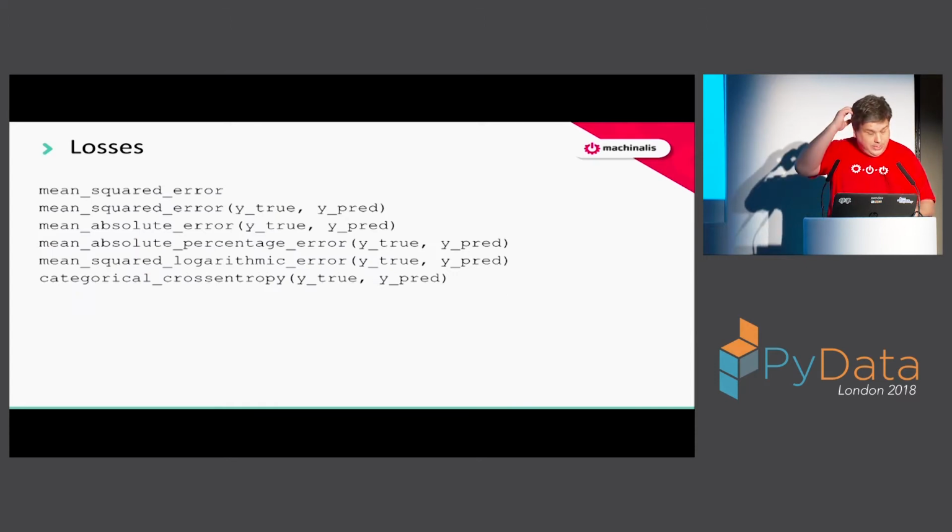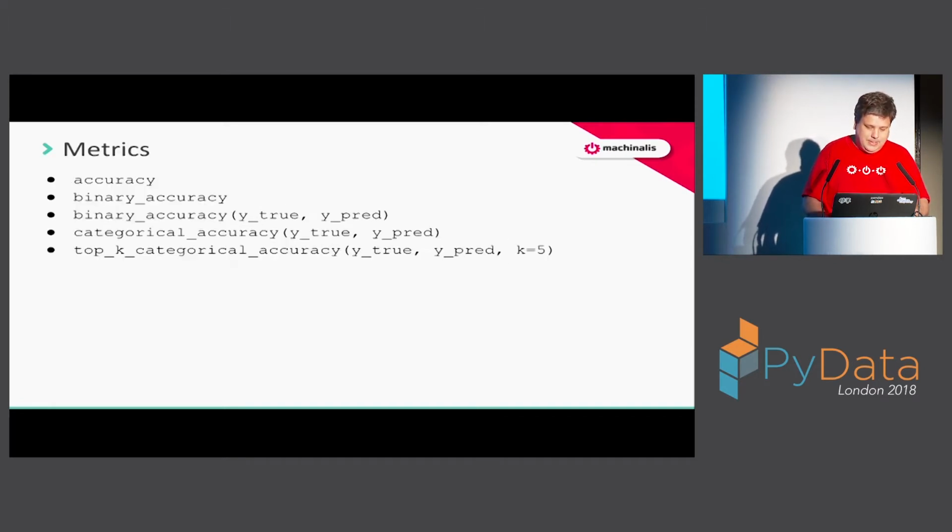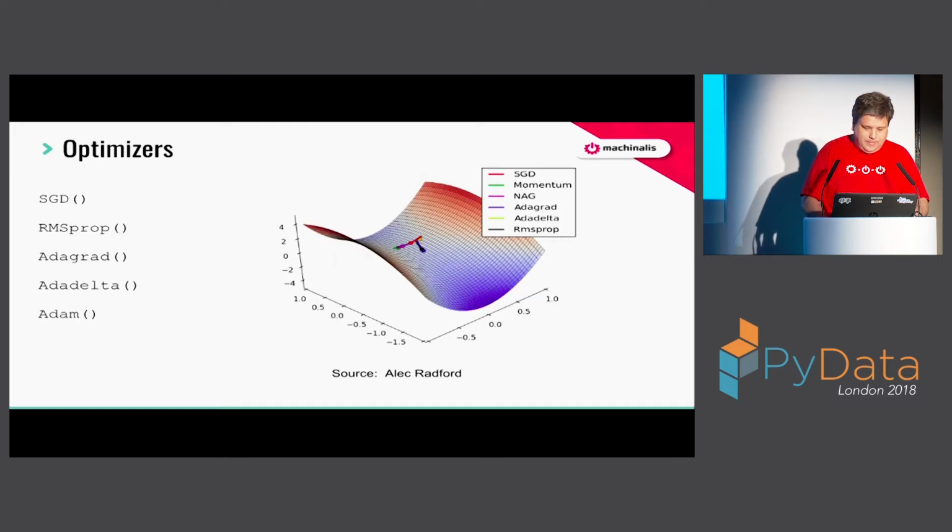Then, continuing with Keras, we have many different losses, which are the functions we use to measure how well our model is predicting things. And then we have the optimizers. This is a really important choice you have to make when training a model.